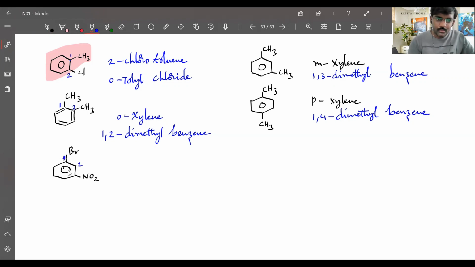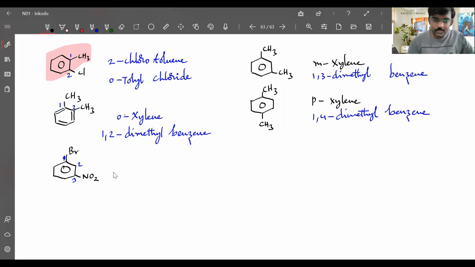The first carbon is where bromine is attached, because the substituent which comes first in alphabetical order will be given the lower possible number. Bromine comes first alphabetically, so bromine will be given the lower number.